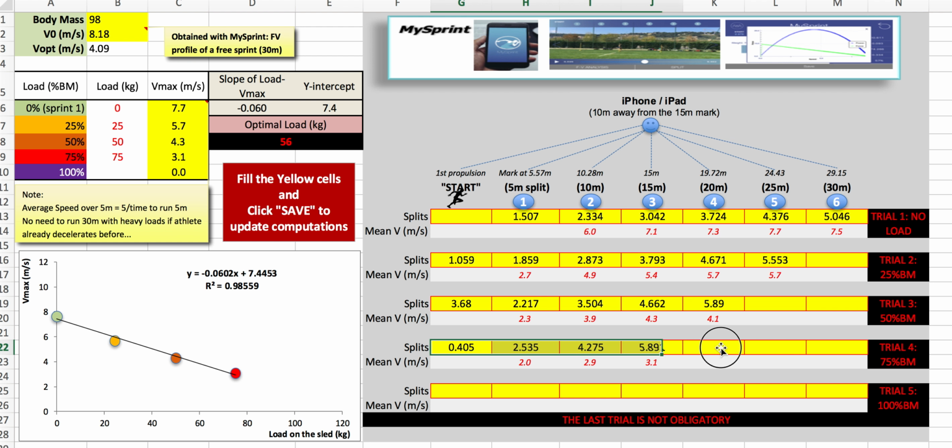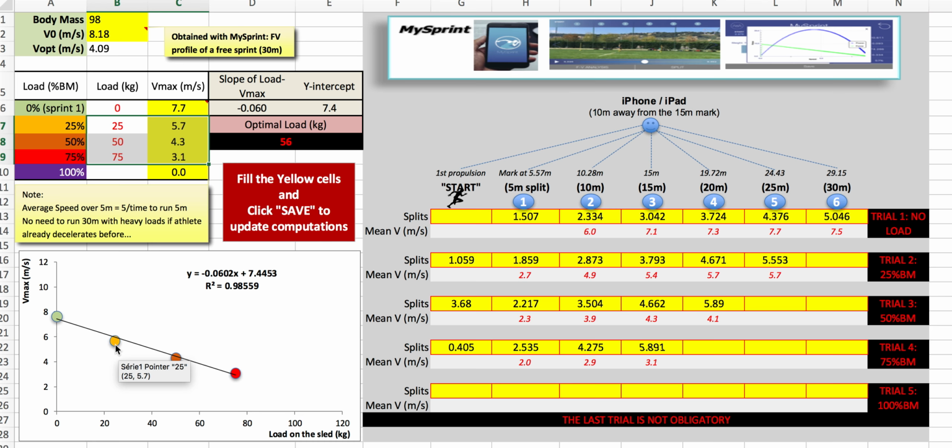Typically with 75% of body mass, after 15 meters, it was deceleration, it was too heavy, and the test was over. But it's totally fine because, as you can see here, the spreadsheet takes the maximum velocity into account, 3.1 here, 4.3 here, 5.7 here, and it reports that here in the table in front of the load.